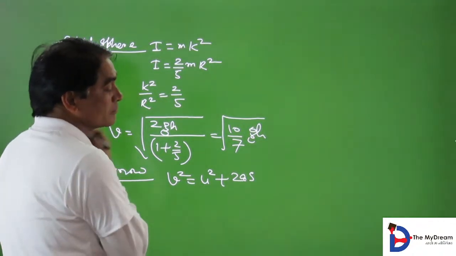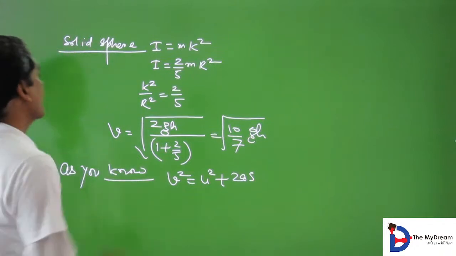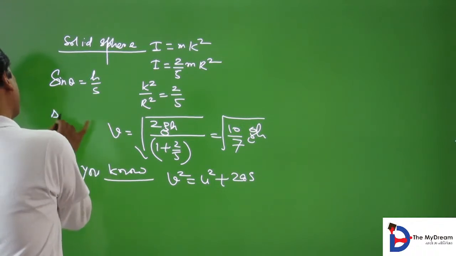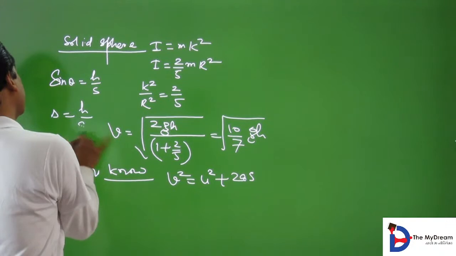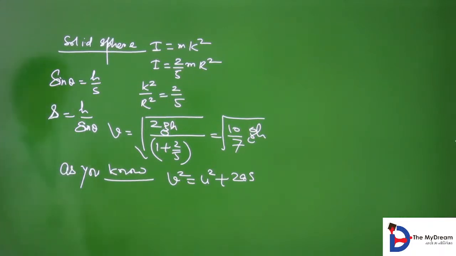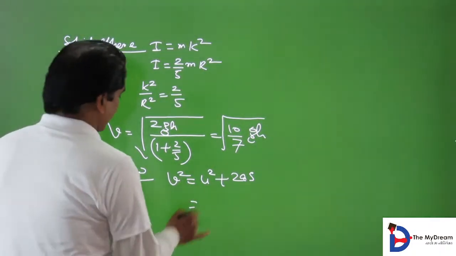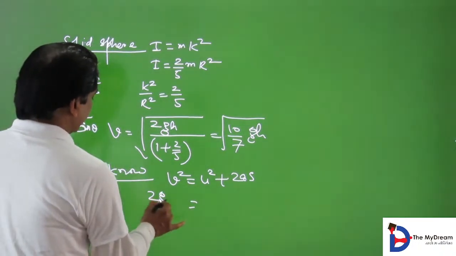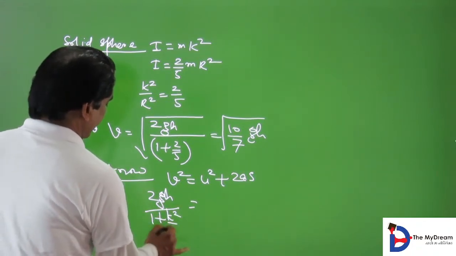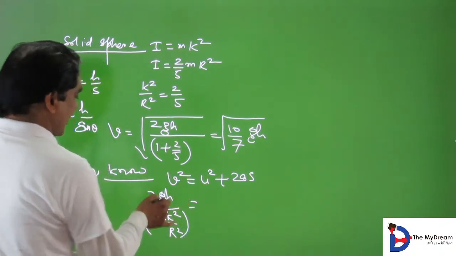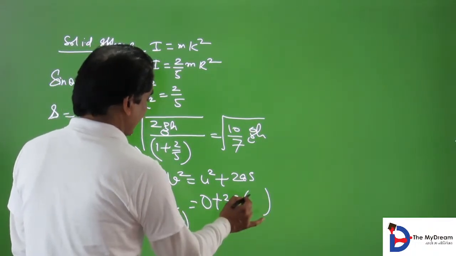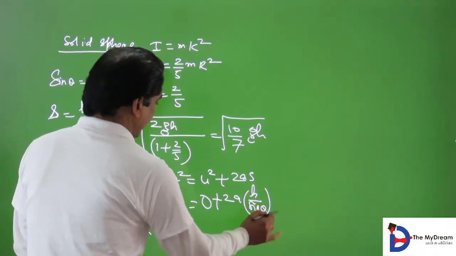Okay. You just studied sin theta is equal to h upon s. So s is equal to h upon sin theta, something like that. So V is equal to, twice of gh divided by 1 plus k square by r square. There is a square, therefore the square root cancels. Twice of as, s that is h upon sin theta.